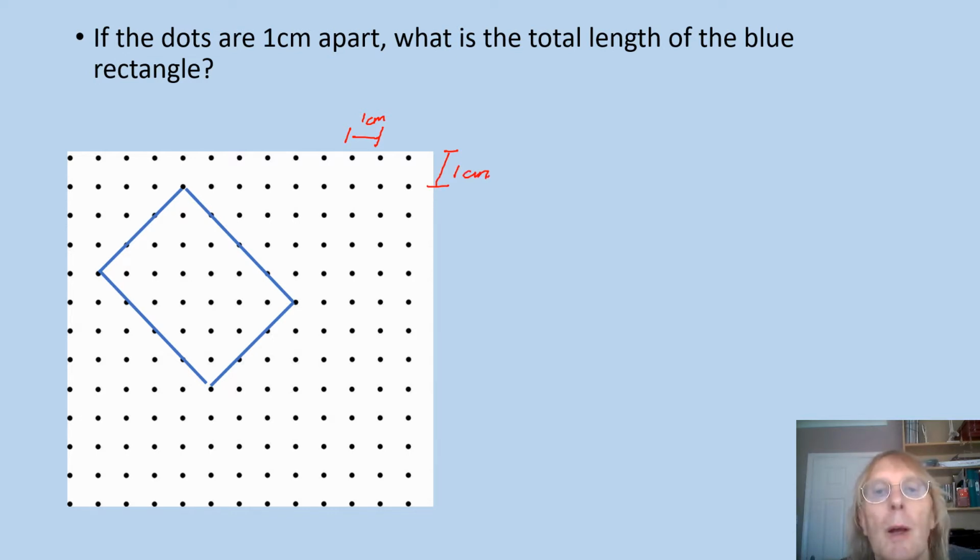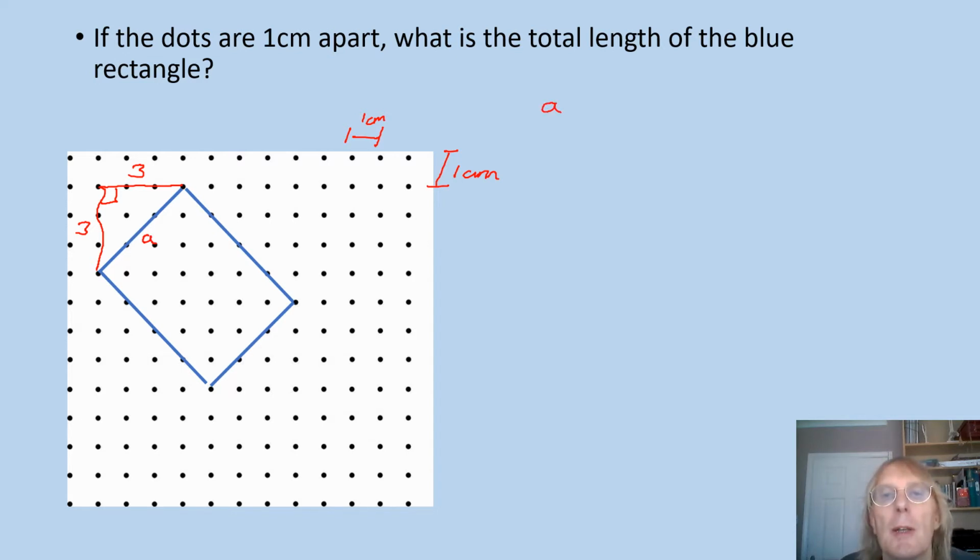So if we look at this bit here, if we go up there, across there, we can make a right angle triangle. Not a very good straight line, but never mind. We can see that that is 3, and that is 3. So we're going to find the length of this bit. We're going to call this A. So that's Pythagoras' theorem.